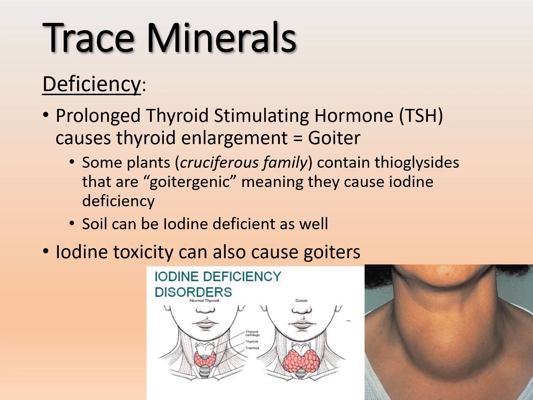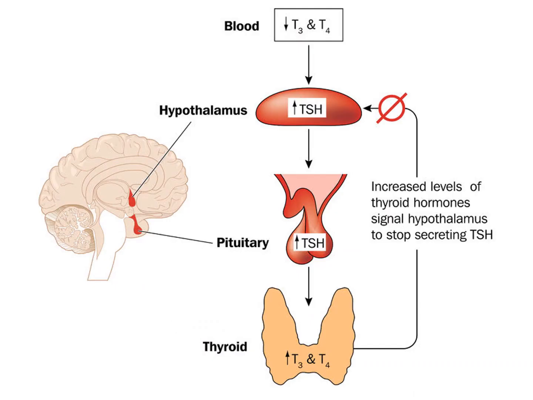You do see this in third world countries as well, where they don't get enough iodine in their nutrition, so they don't eat enough iodine containing foods. We can see iodine toxicity, but it's a little more rare, and interestingly enough, it also causes goiters. So if you see a goiter, it may not necessarily be a deficiency, it could be a toxicity, but more often than not, it's a deficiency.